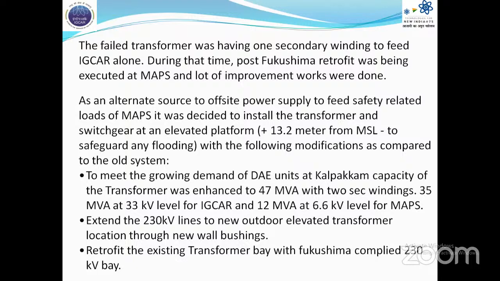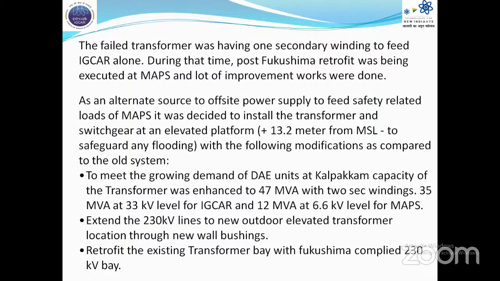Due to this, radioactivity spread around the nuclear power plant up to 20 to 30 kilometers, and 1 lakh people were evacuated from that area. This safety problem and flooding condition was reviewed and evaluated by various international and national safety committees, and many improvement activities were recommended and adopted in all nuclear power plants in India.